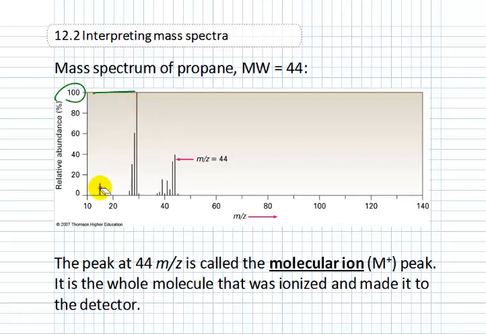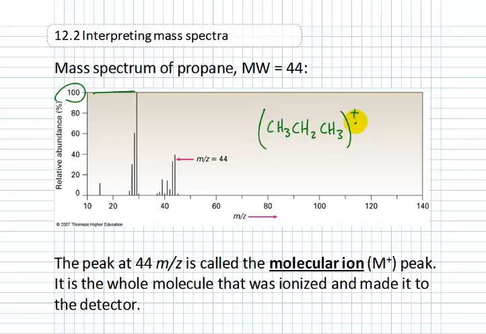So let's start with the peak that has the largest mass. The one at 44 in this case is called the molecular ion peak. And this is the mass spectrum of propane, right? CH3, CH2, CH3. That's just propane. The molecular ion is when a propane molecule is struck by that electron beam and gets just one electron removed.